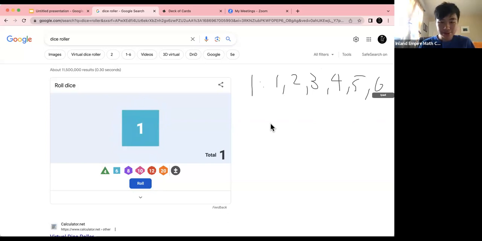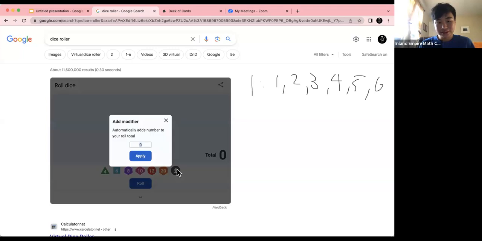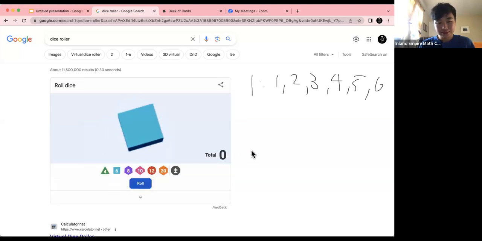And if we roll another 1 after this, we just ignore that, because if you remember, if we roll a 1, then we just re-roll.